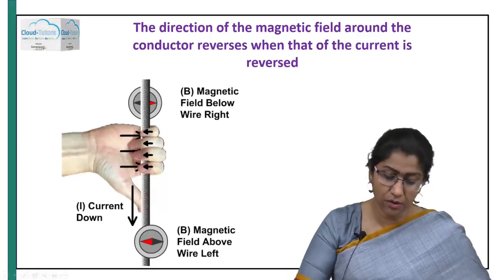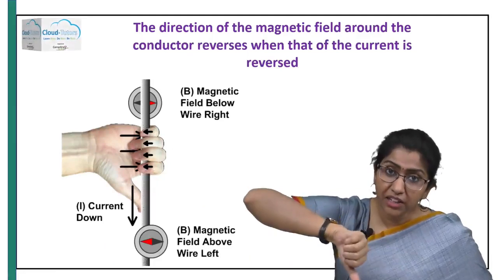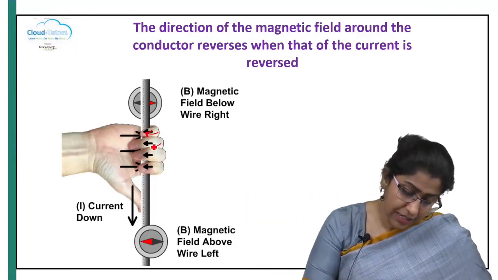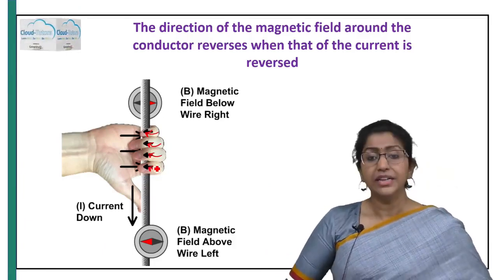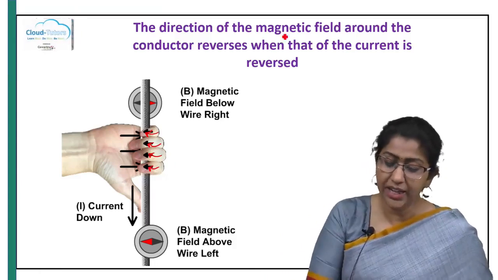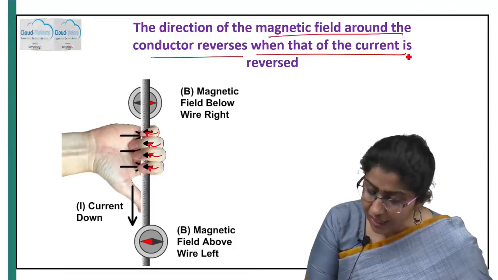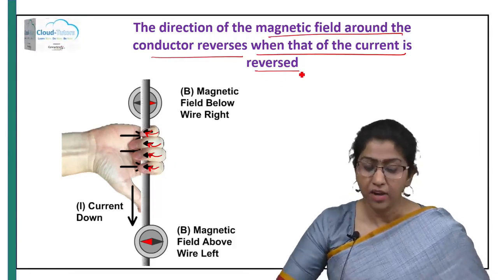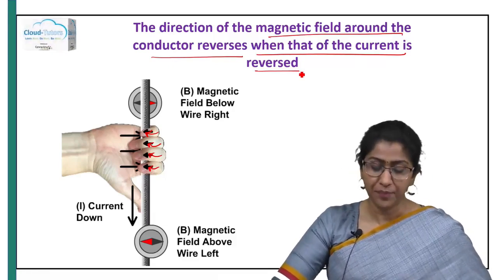Now current is down. So again, the direction of the magnetic field is shown by the curled fingers themselves, but the direction is reversed now. Right? With this, we can understand that the direction of the magnetic field around the conductor reverses when that of the current is reversed. Alright, it's a very important concept, very simple but important.